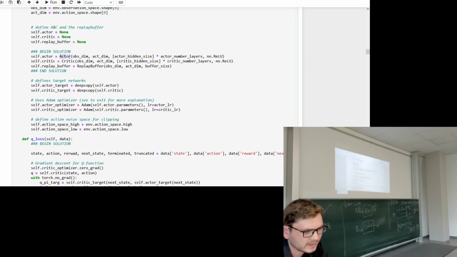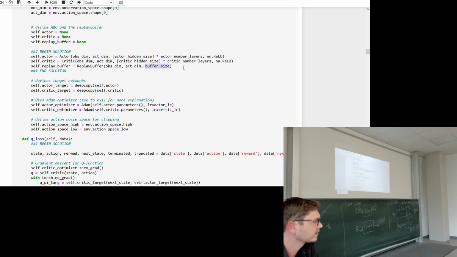So we now set the actor with a specific observation dimension, action dimension, with a network size, activation function. I think this is also not too surprising, but yeah, it needs to be done. Replay buffer, just the same, with its specific buffer size.